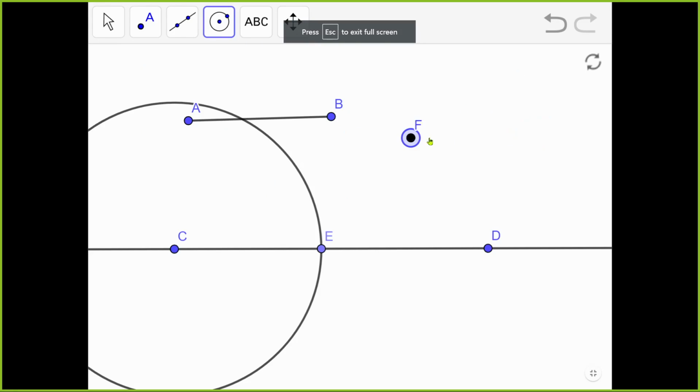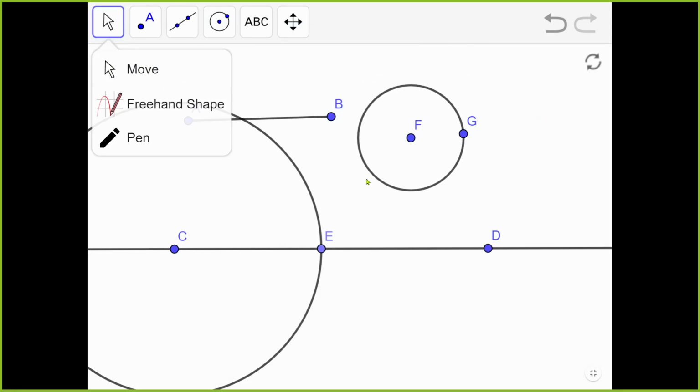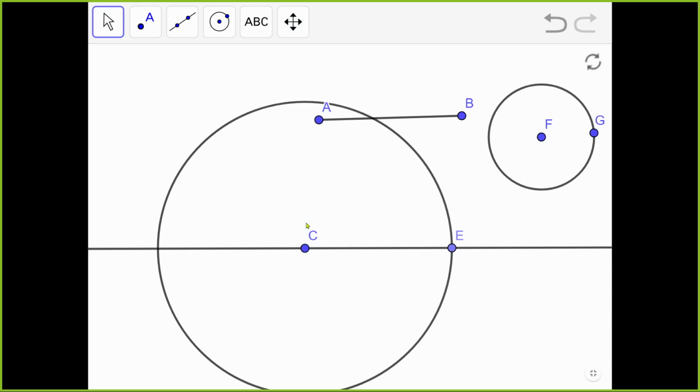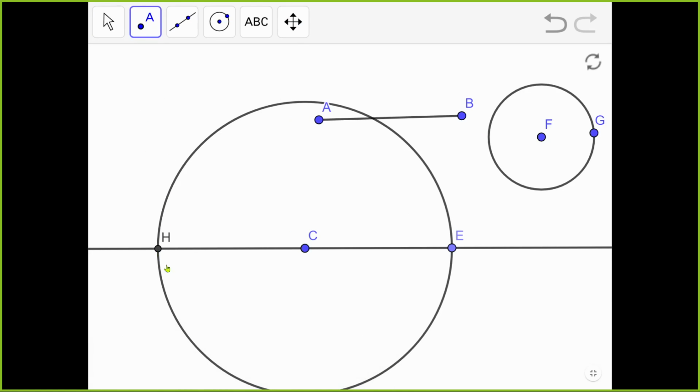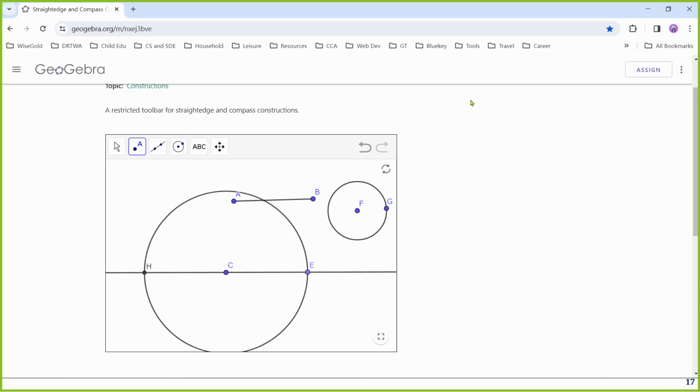One of them is here. The other one is here. So either E or point H you can use such that HC or CE equals the length of AB, right? Can you follow me? Okay.